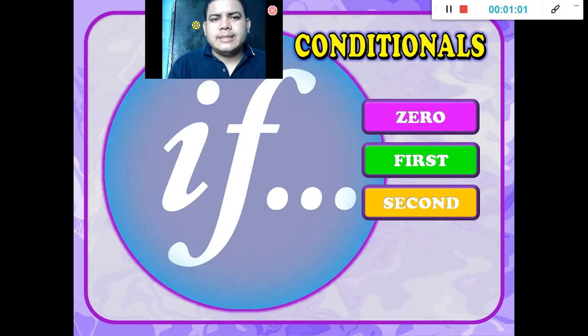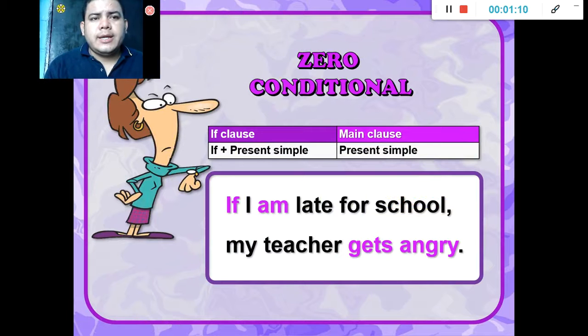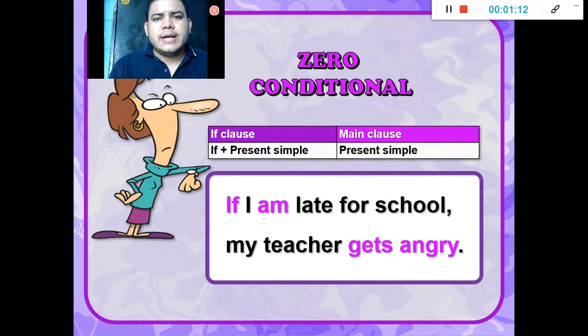But as I said, we are going to have a review of zero and first, and then we will see the second conditional. This is something that you have already studied, which is the zero conditional. Conditionals have two parts. They have the if clause over here, and we have the main clause.